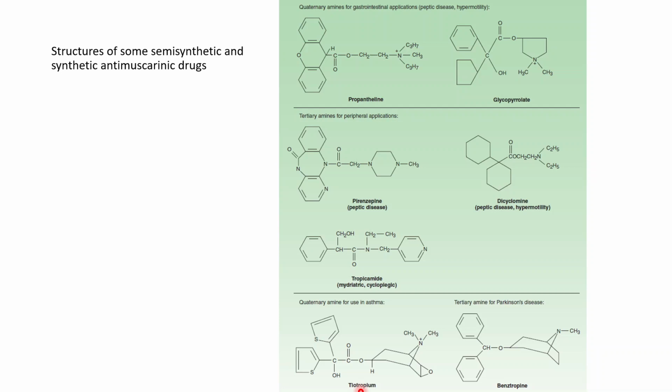The fastest drug that enters the central nervous system is scopolamine, and it is rapidly distributed in the central nervous system, and that is why it's used for motion sickness.